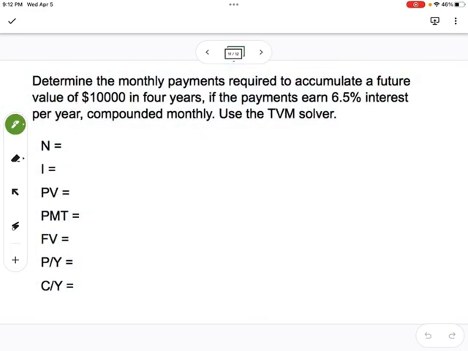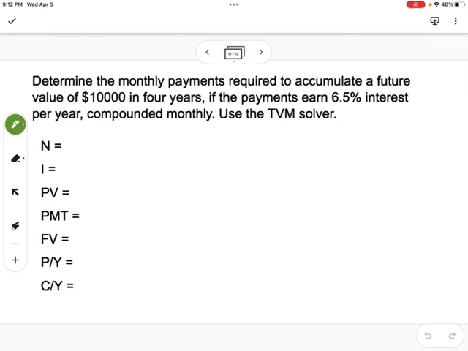One more example using the TVM solver. Determine the monthly payments required to accumulate a future value of $10,000 in 4 years, if the payments earn 6.5% interest per year, compounded monthly. We're working backwards with this one. We want to find out what the monthly payments are, given what our future value is.